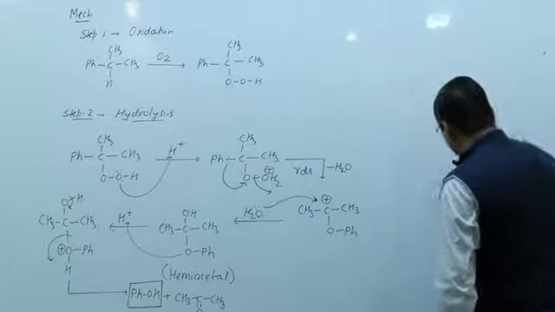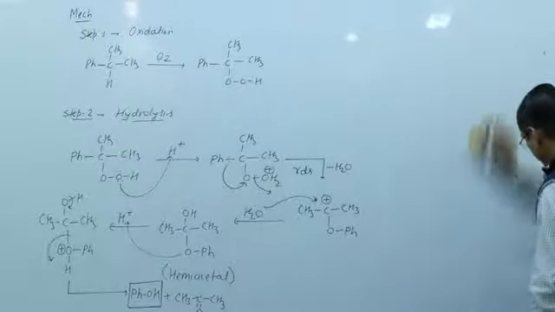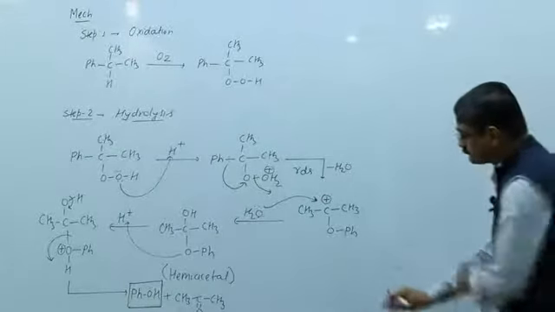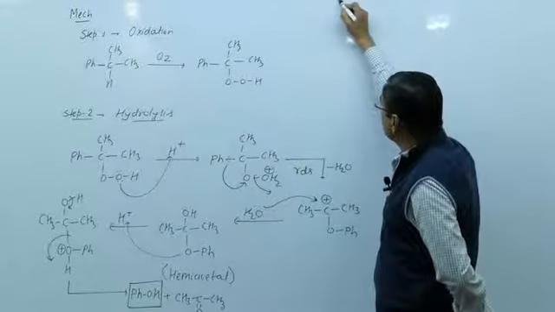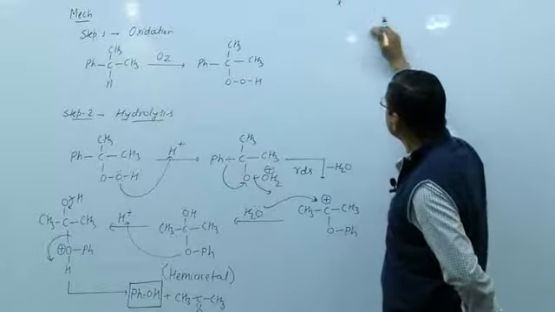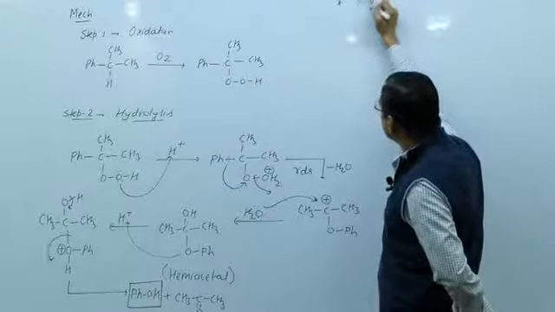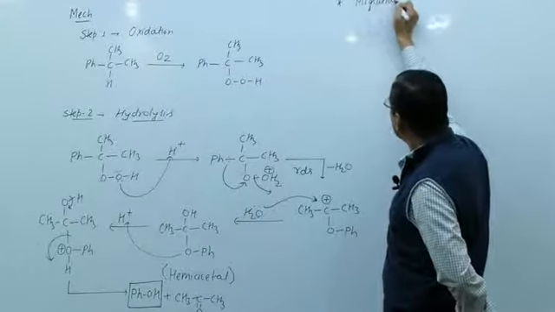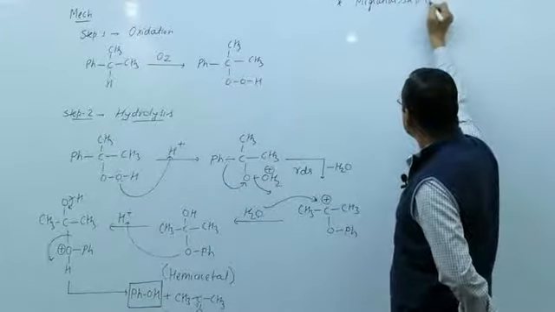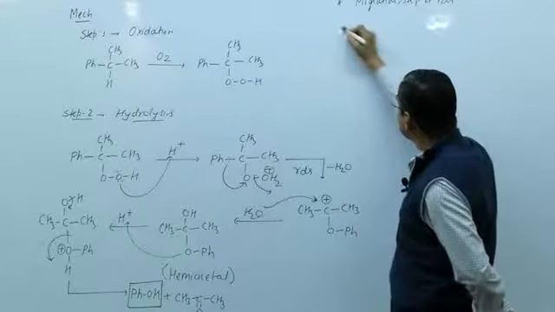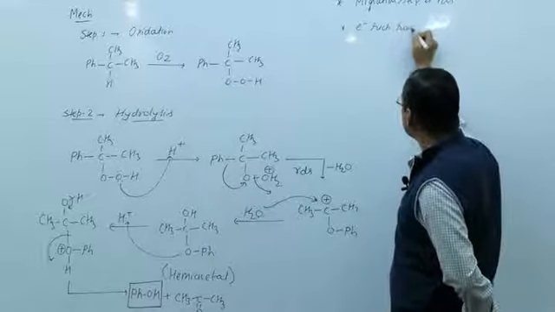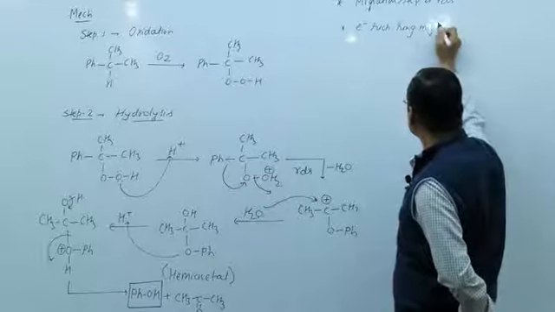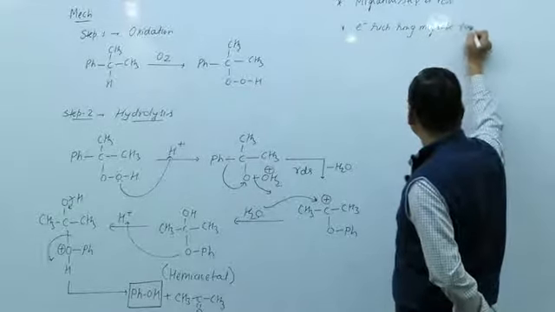Okay. Now we will take some questions on this mechanism. Some important points first. Migration step is RDS. Electron rich ring migrates faster.